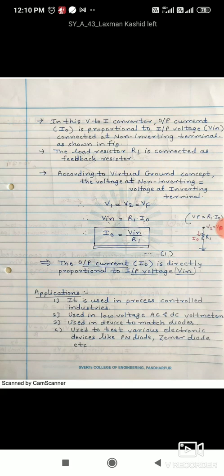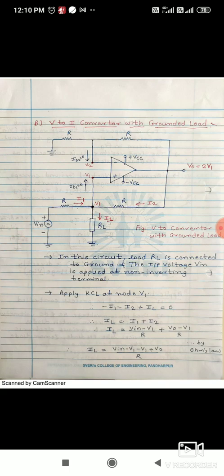We have seen the applications also, and after that we discussed the second type of V2I converter, that is the V2I converter with grounded load. In this, the load resistor is connected to the ground. That load resistor RL is shown here in this figure. Here also the input is applied at the non-inverting terminal.